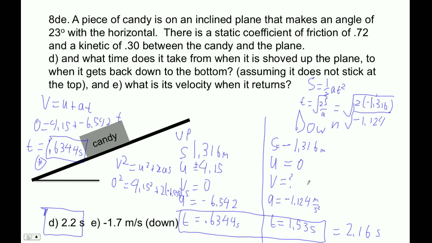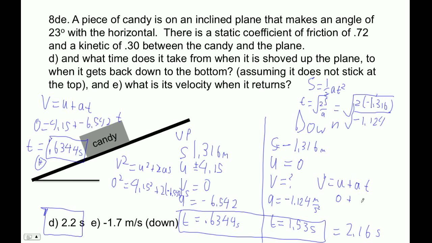To find our final velocity, I'm just going to cheat and use this time. I'm going to multiply that time by the acceleration. So v is u plus at. We could use any other kinematic formula. I'm just getting lazy here.